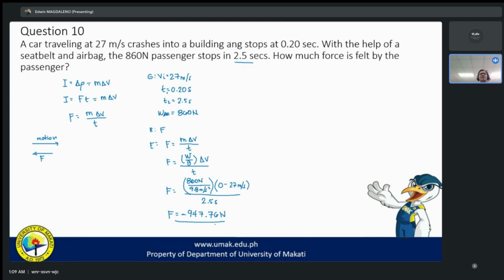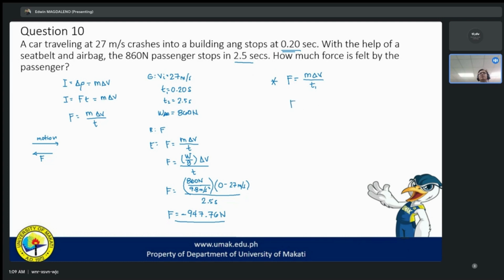What if kung walang seatbelt? If walang seatbelt saka walang airbag, possibly the passenger will stop at the same time as the car, 0.2 seconds. So if we try to use that, the force would be equal to the mass times the change in velocity divided by time. Gamitin natin time 1, 0.2 seconds. Actually, mas mabilis pa dyan eh.